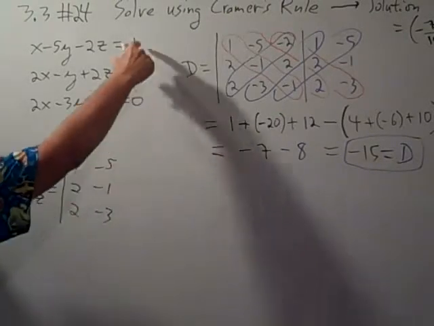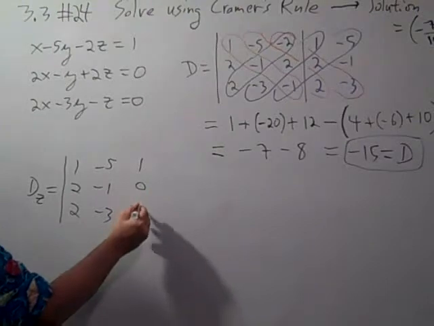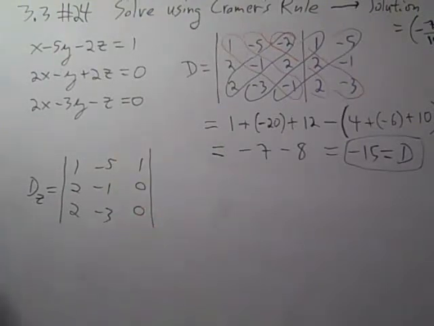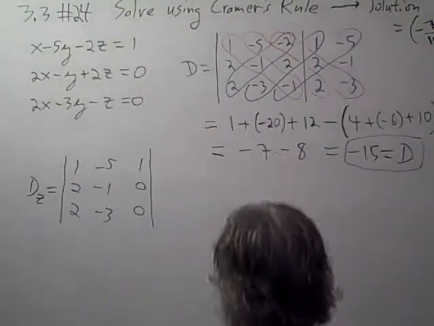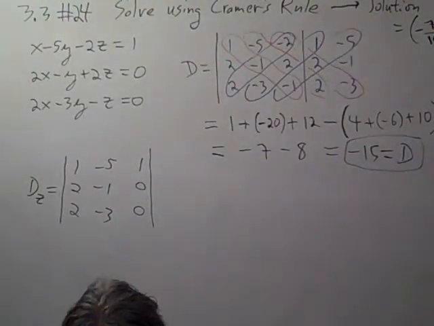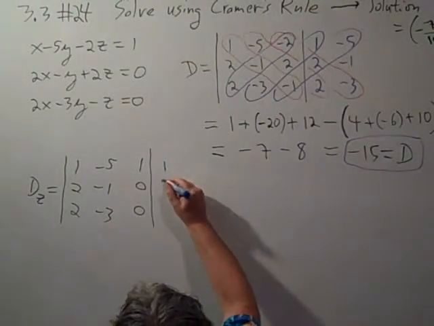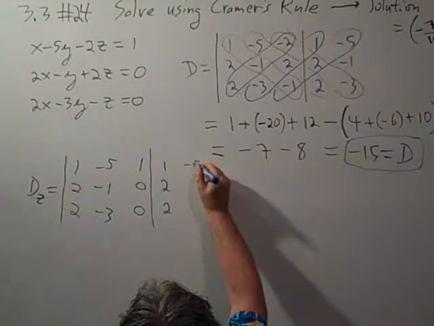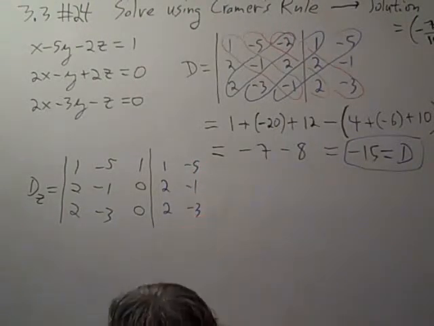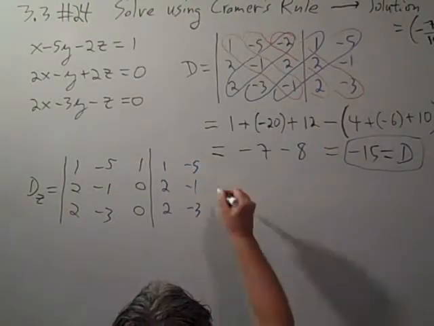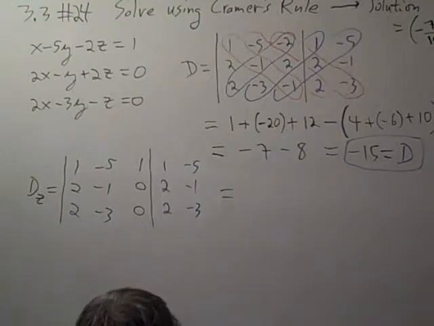And now the z column is 1, 0, 0. We cover the z column with 1, 0, 0 this time. To calculate this determinant, we copy the first two columns, and then we can start our process of multiplying down diagonals.